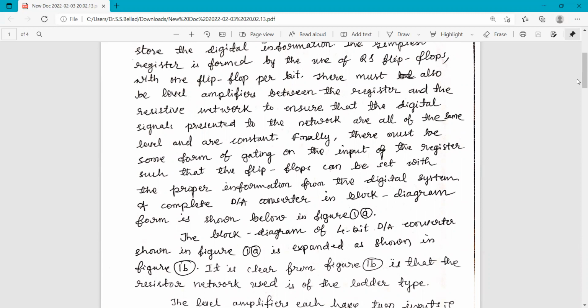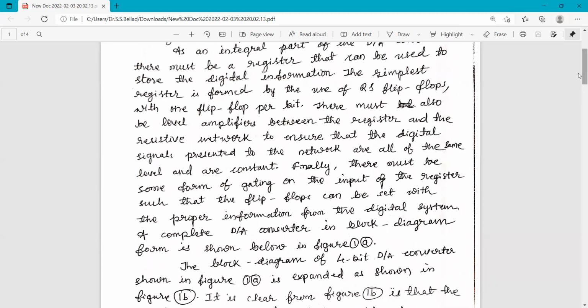Suppose you are using a 10-volt battery as a supply voltage; whether the 10 volt is there exactly in the signal when the level goes high needs to be checked. That is why these level amplifiers are required. So these level amplifiers are inserted between the RS flip-flops and the resistor network to ensure that the digital signals presented to the network are all of the same level and are constant.